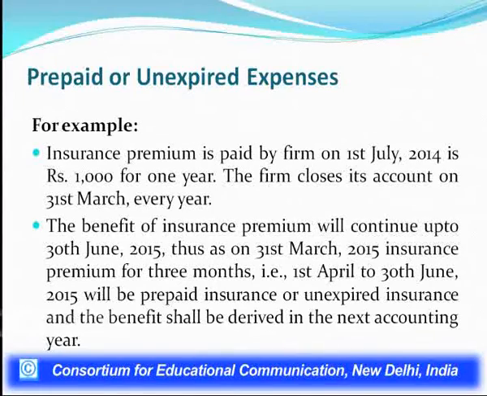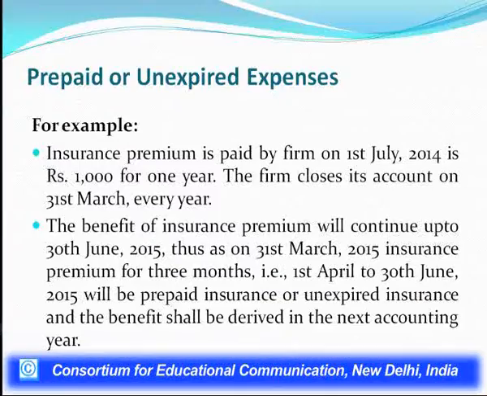Particularly, insurance premium is a very common example, because the insurance premium is payable to the insurance companies in advance. In case of general insurance like fire insurance, marine insurance or any other insurance, the insurance premium is paid in advance for 1 year. So, if a firm has paid the insurance premium on 1st July 2014, the period will continue in the coming year for 1 year, that is until 30th June 2015.